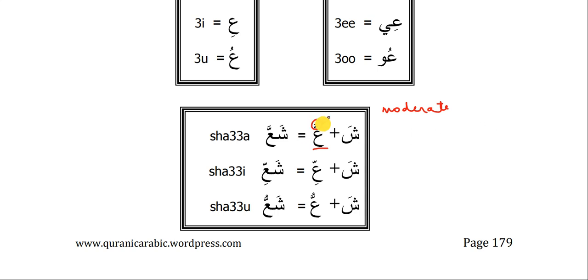Shadda meaning there are two Ains. First, an Ain with sukoon, and then another Ain with fatha. So, how are you going to pause on the first Ain, then follow with the Ain with fatha? So be very specific with the sound.